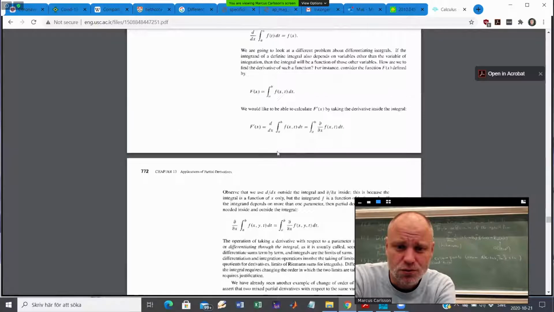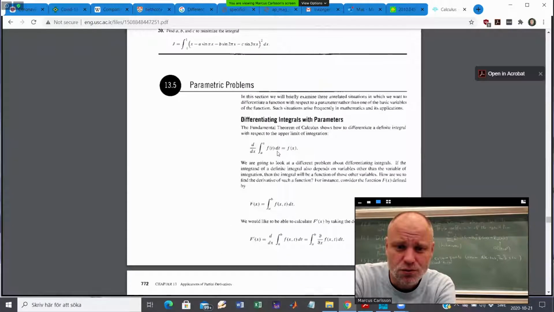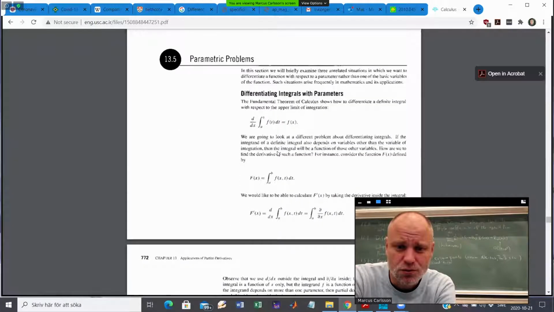Then we had this assorted topic, differentiating in integrals with parameters. Again, another computational tool that you should know how to master. There's not too much mathematical theory here. Well, of course, it goes in the understanding of what's going on.